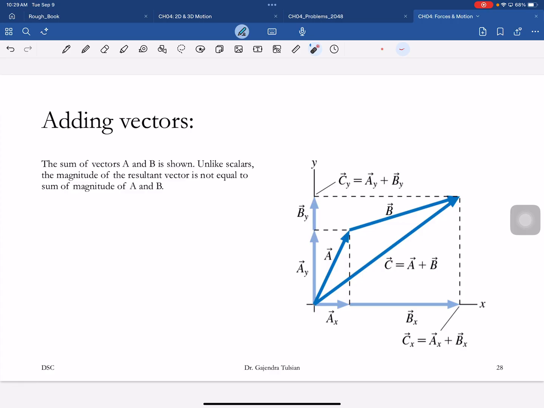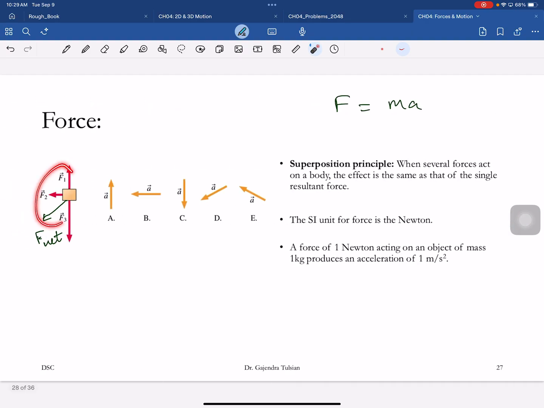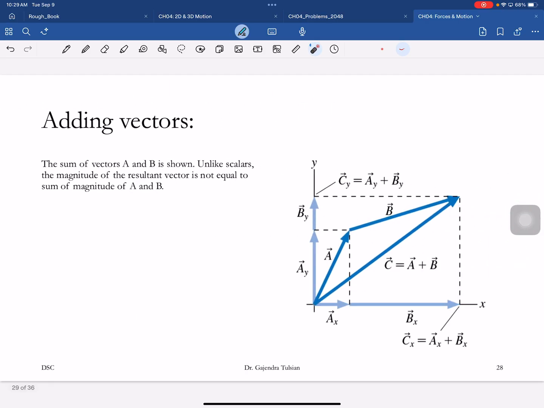All right, we saw that when multiple forces act on an object, all you do is add up the vectors, force vectors. So here I'm showing you how to add vectors.